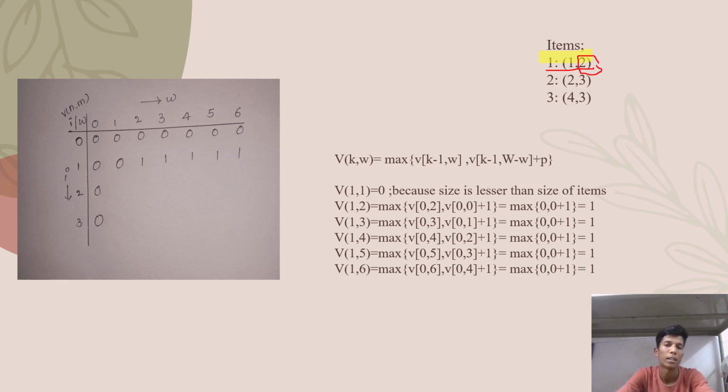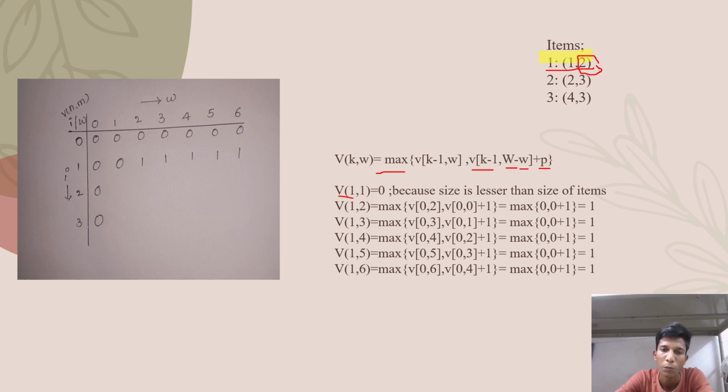The formula is V of k comma w is equal to max of V of k minus 1 comma w, and V of k minus 1, w minus w plus p, where capital W is the weight of the bag, small w is the weight of the item and p is the profit of the item. Why do we use max? Because we put items into the bag according to their maximum profit. That's why we use max.